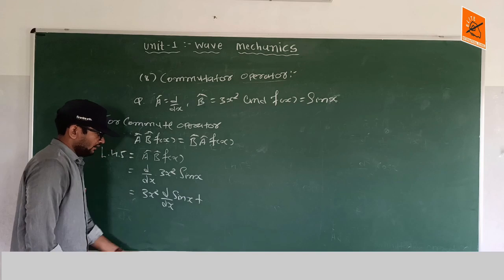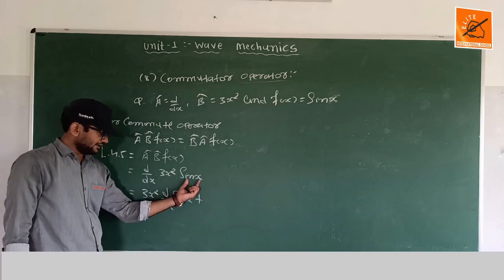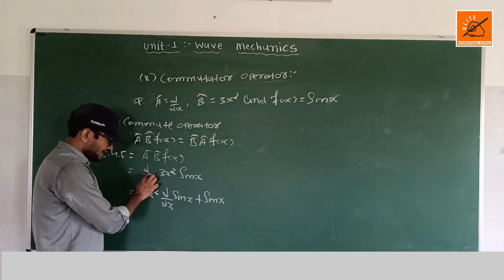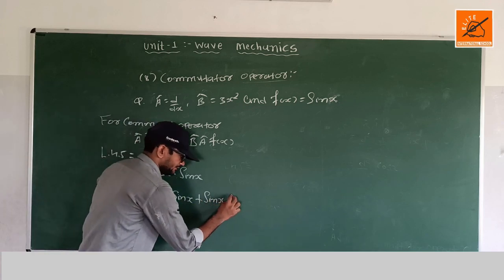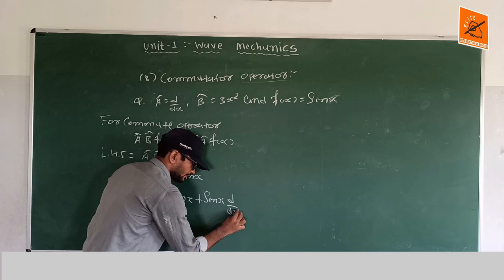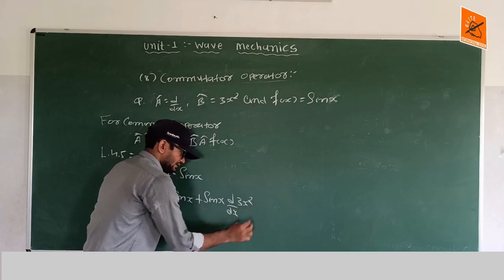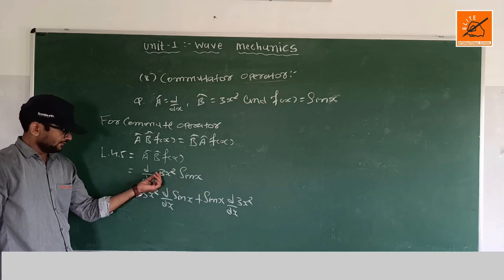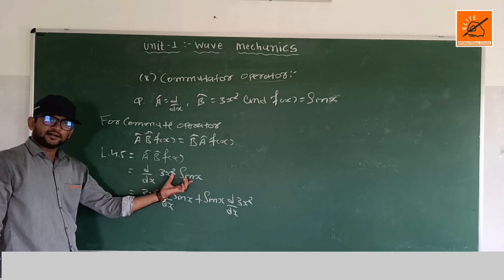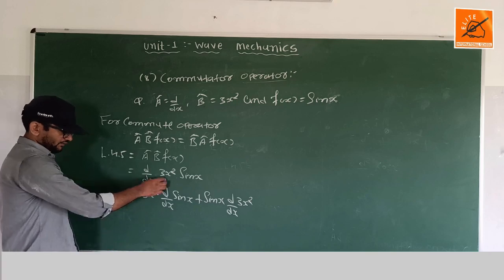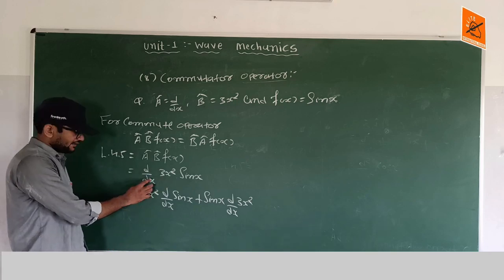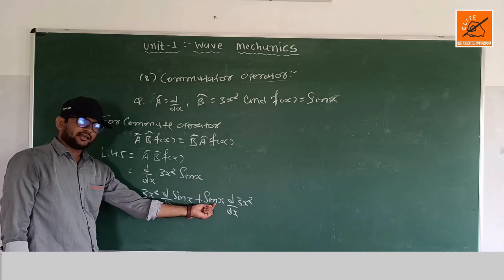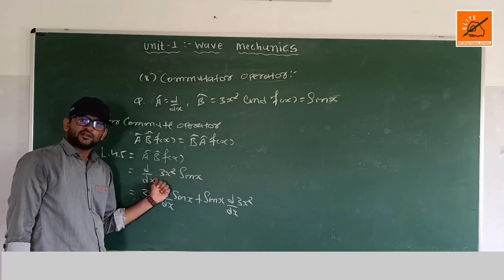plus sin x remains as it is, and d by dx of 3x square. This is the basic multiplication rule of d by dx. D by dx of two functions means the first function remains as it is, and d by dx of the other function, plus the other function remains as it is, and d by dx of the first function.